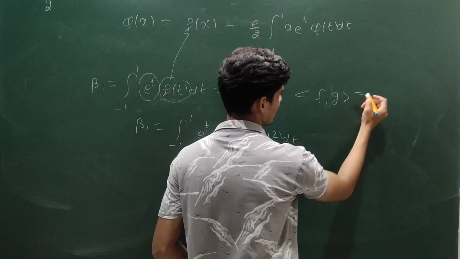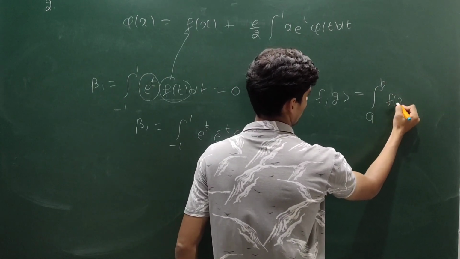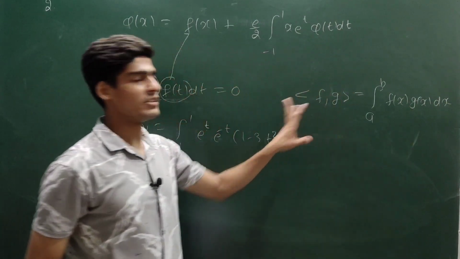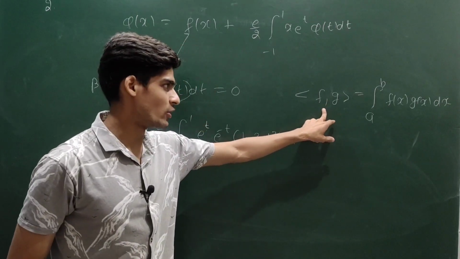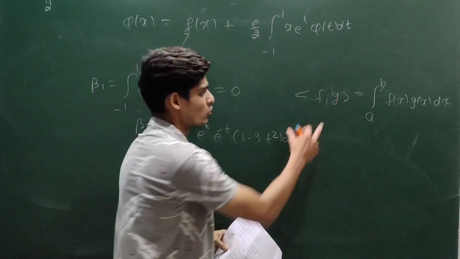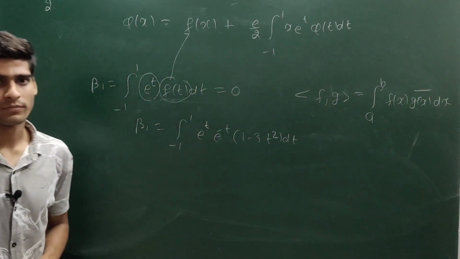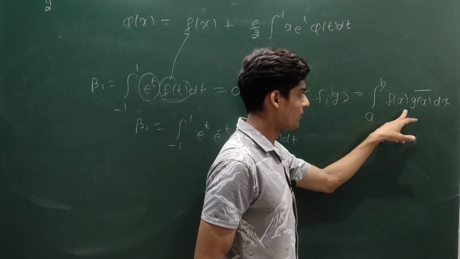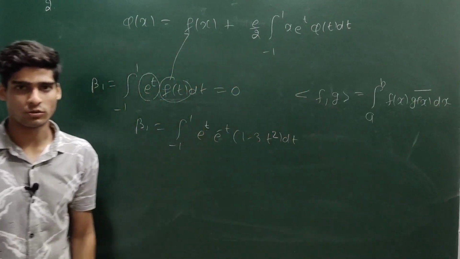The inner product of f comma g is given by the integral from a to b of f(x) g(x) dx, if f and g are both continuous and real valued. If your functions are not real valued, this will not be an inner product, so for an inner product this has to be real. If it is complex, you can take the conjugate. If you define the integral from a to b of f(x) times g(x) bar, it will define an inner product even for complex functions.